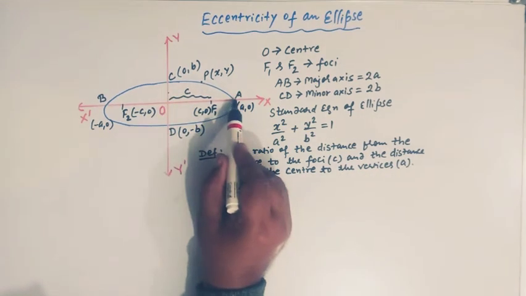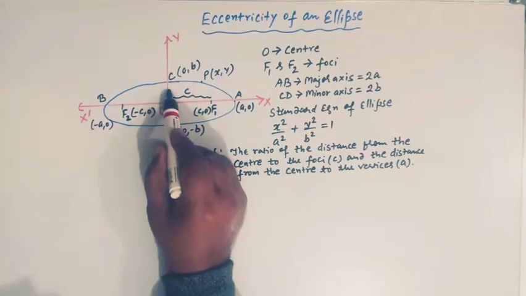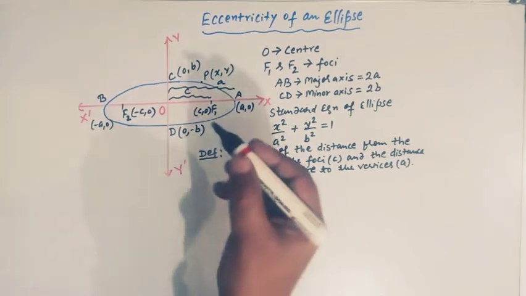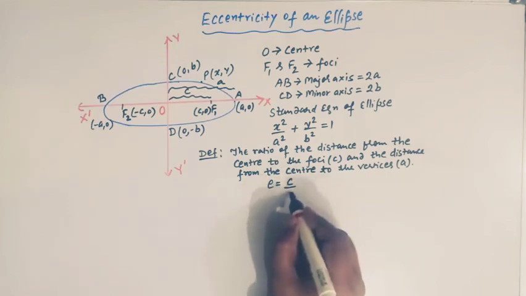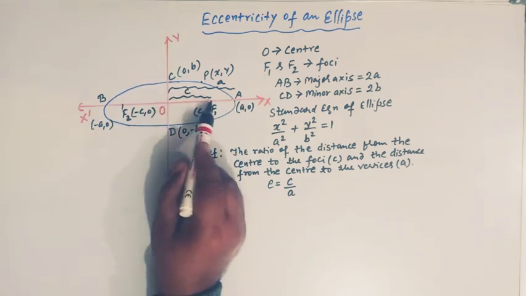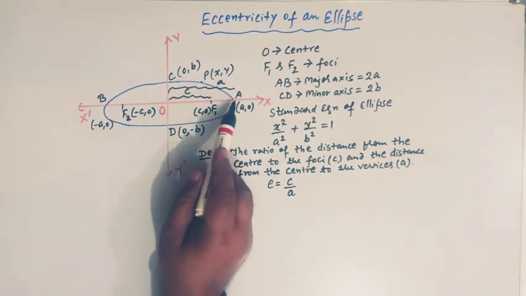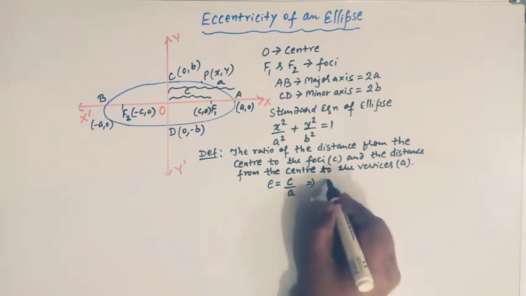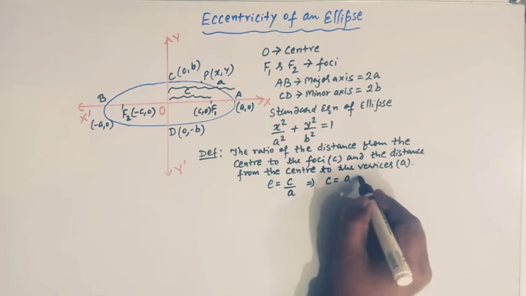Here A and B are called the vertices of the ellipse, so this distance is a. The eccentricity is denoted by e, and it is defined as the ratio of c and a. So c is the distance of the center from the foci, and a is the distance of the vertex from the center. So we can write c equals a times e.